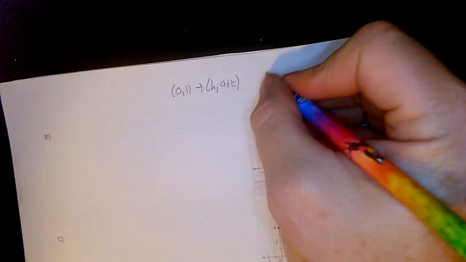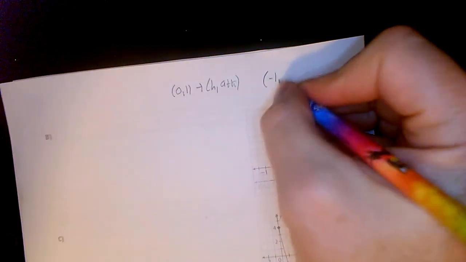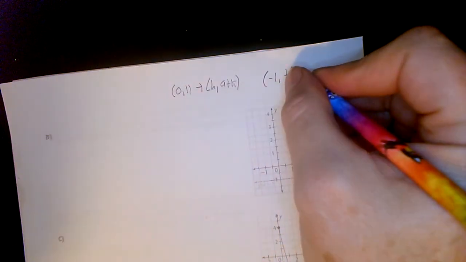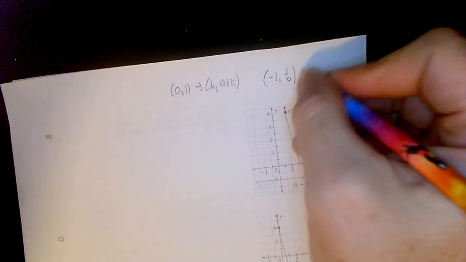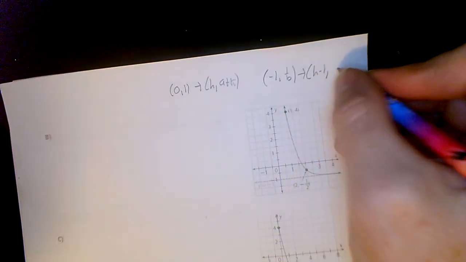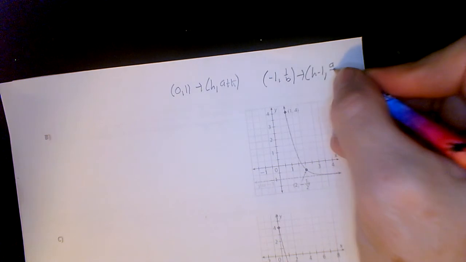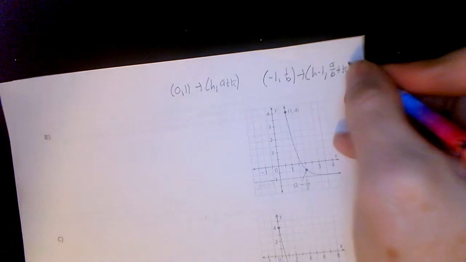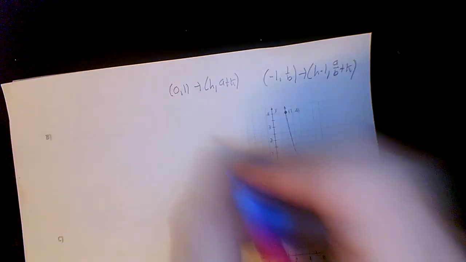And then we have (negative 1, 1 over b), which changes into (H minus 1, A over b plus K). There it is. So let's see what we know.